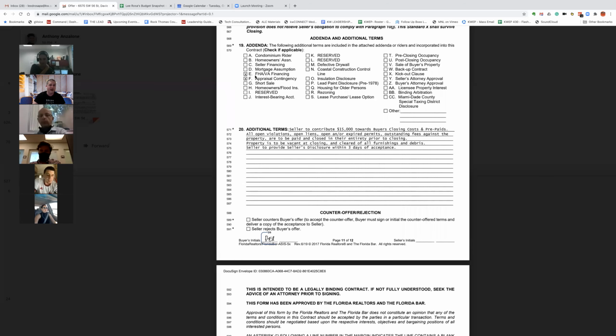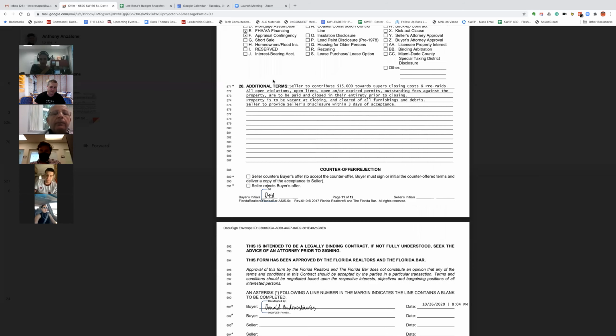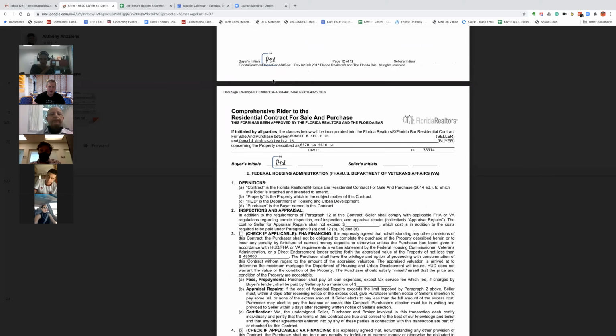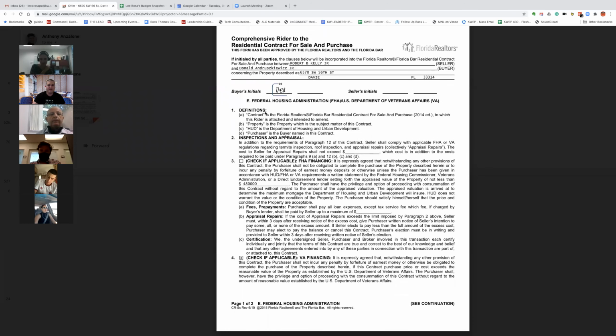So we've added the VA addendum and an appraisal contingency addendum. Shall we review them, Tony? Yes, please. Awesome. So this is the VA and FHA addendum. VA and FHA are government loans that hold their property to a higher standard.